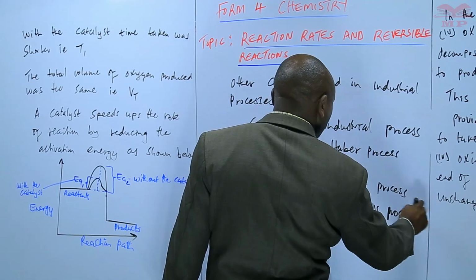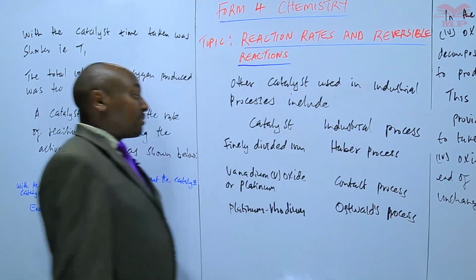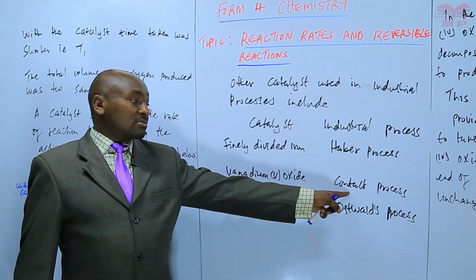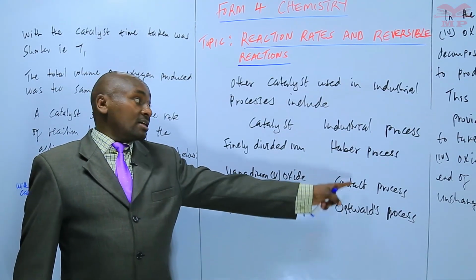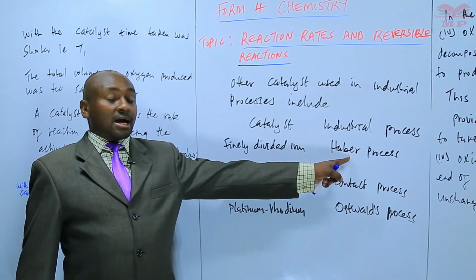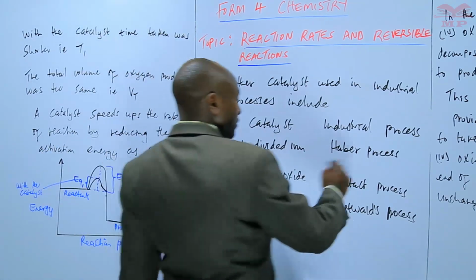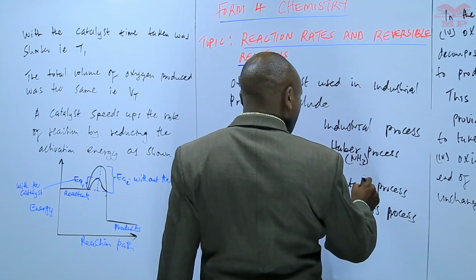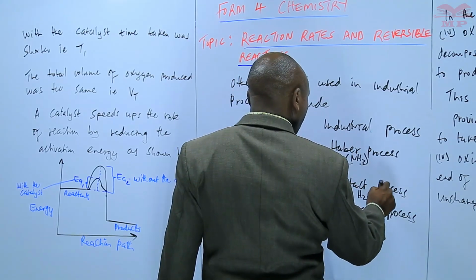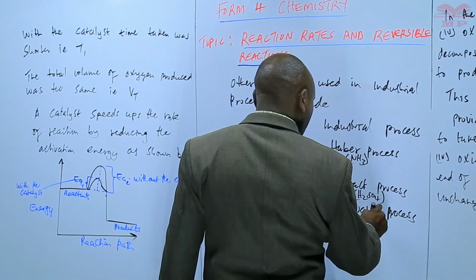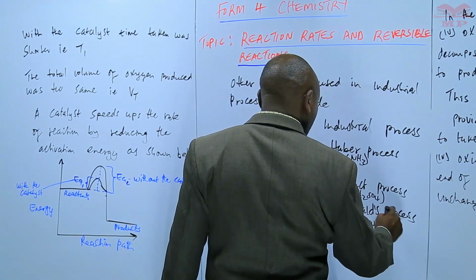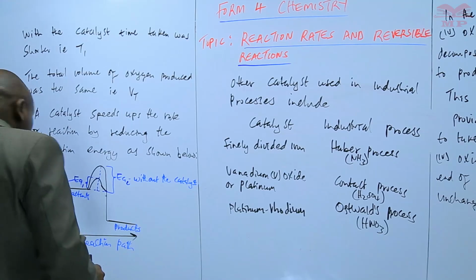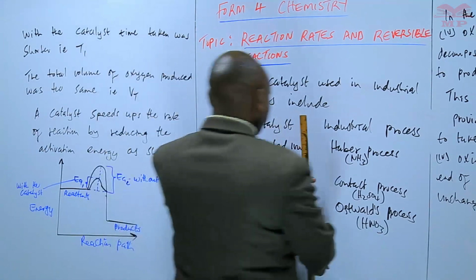The Ostwald process is the one that manufactures nitric 5 acid. Contact process manufactures sulfuric 6 acid. Haber process manufactures ammonia. So this is for ammonia, this is for sulfuric 6 acid, and this is for nitric acid. So in each of those reactions, we use different catalysts.